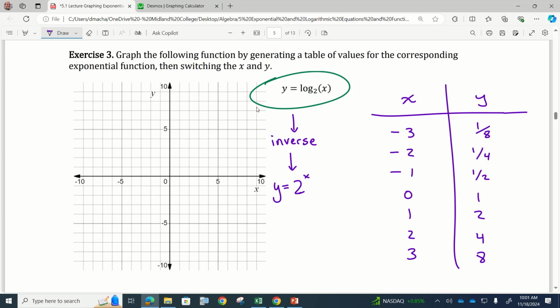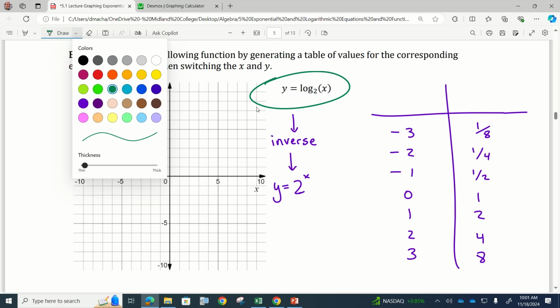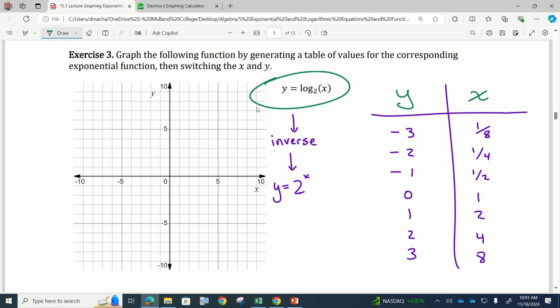So what's the trick? All I have to do is swap the x and the y. Here's what I mean. Take your eraser and scratch out the x and the y on your table, and then write y and x. That's all you do to get the inverse function, you just swap the x and the y.